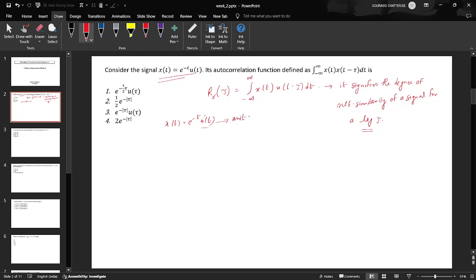I guess you already know that the unit step function has the property that u(t) is equal to 1 for t from 0 onwards and it takes value 0 otherwise. So if I draw the representation of u(t), it would come out to be something like this.